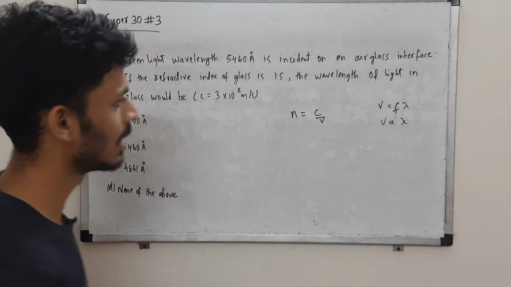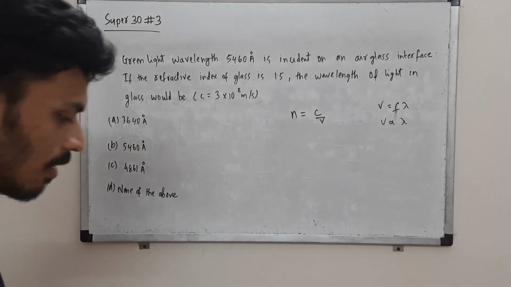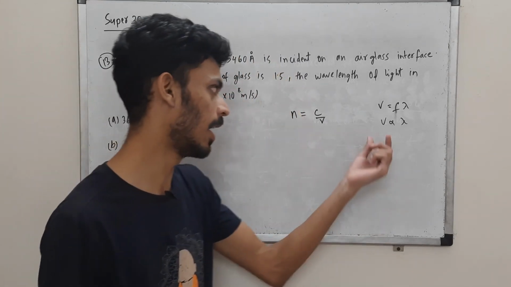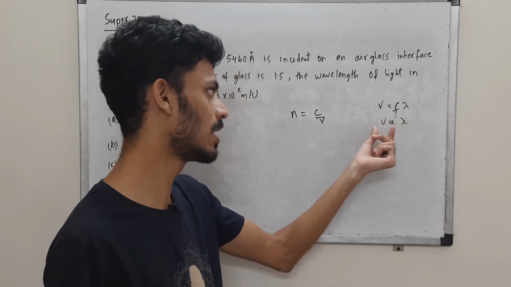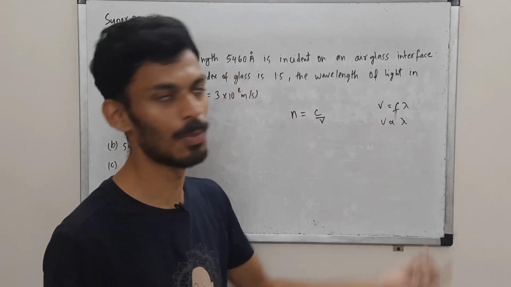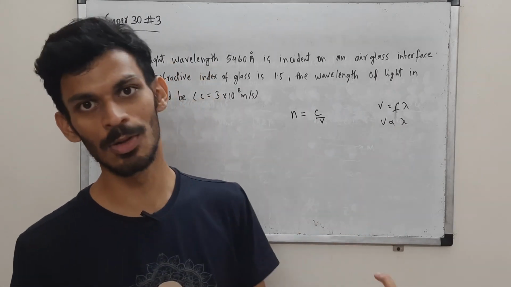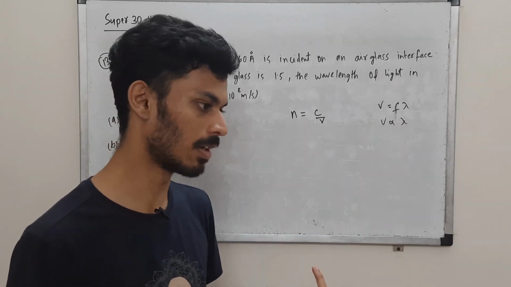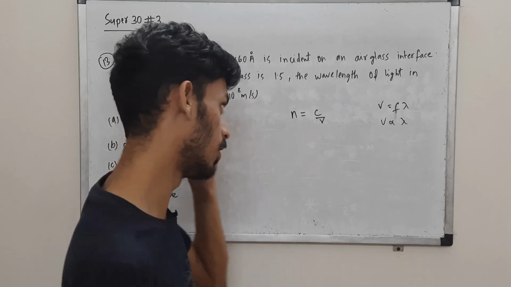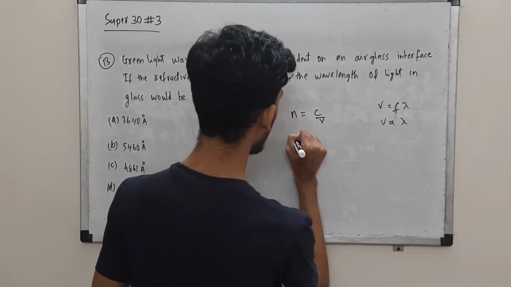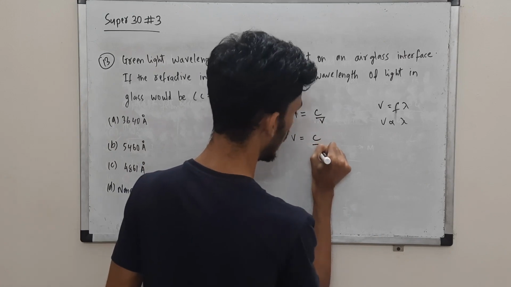The only thing that changes as light moves from one medium to another is velocity. Since frequency does not change, velocity is directly proportional to wavelength. So whatever happens with velocity will happen with wavelength.